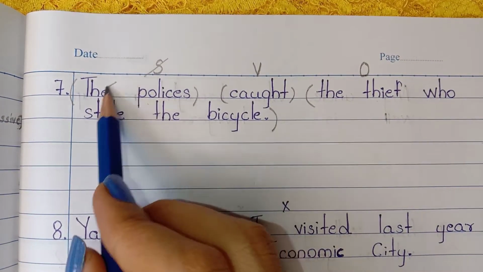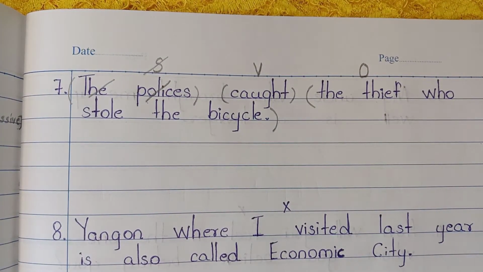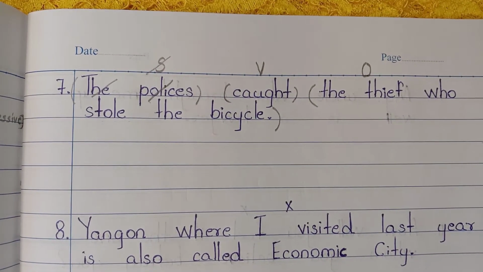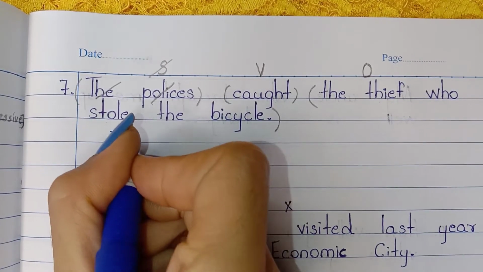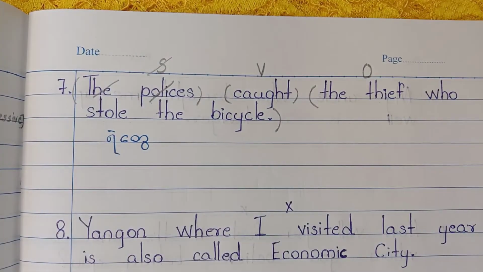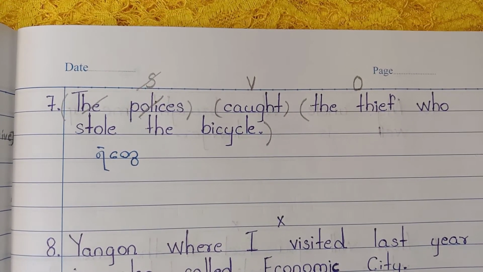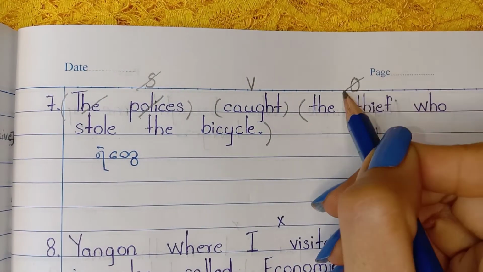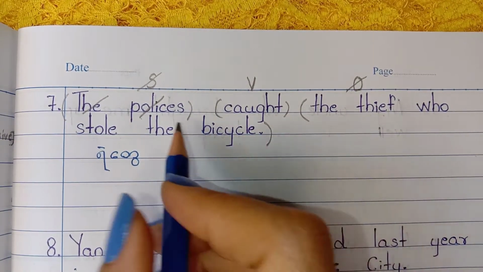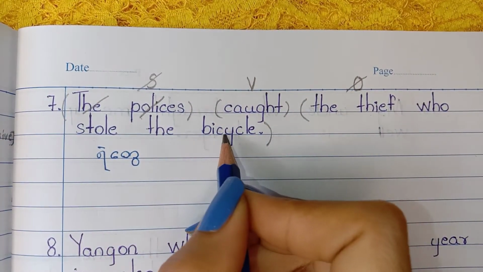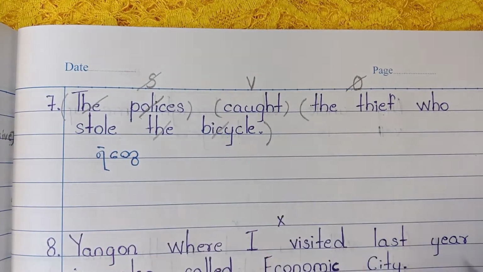The police means share dream. After the subject, we should write down the object, the thief who stole the bicycle. So the bicycle first. The bicycle means subway.